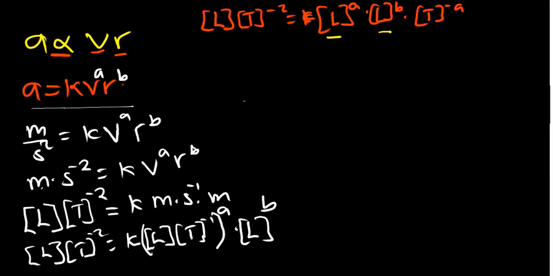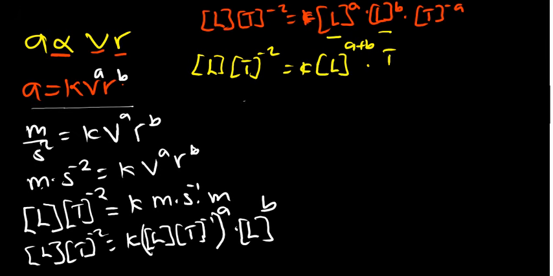What we can do there is add the powers. Then we are going to have length, then time to the power negative 2, equal to K, then L, I'm going to write just one L, then adding those two, it's going to be A plus B, times T raised to the power negative A. Then we are going to compare the left hand side and the right hand side.